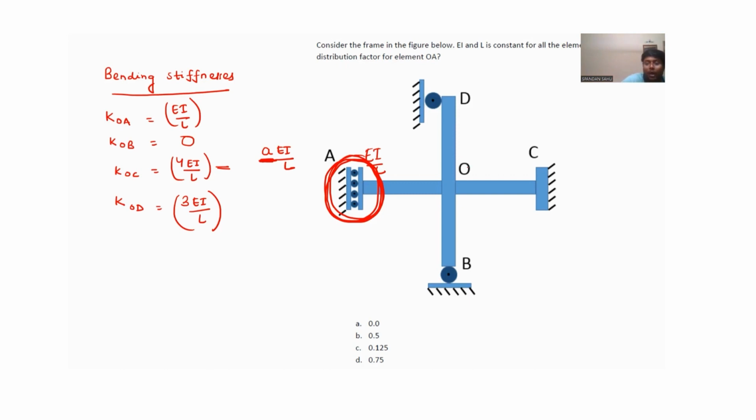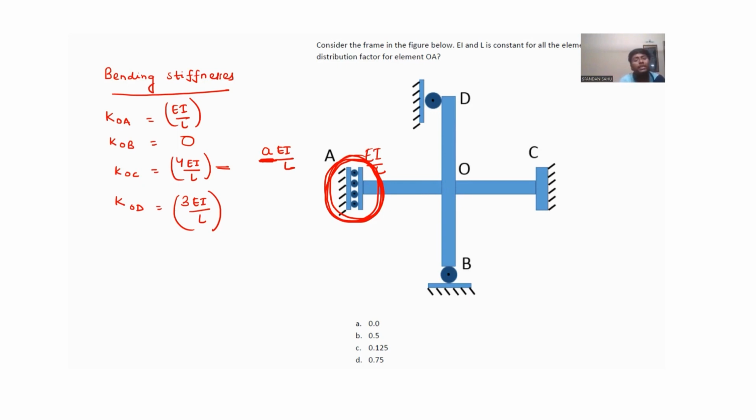Check. Now, if you apply a movement here, and you separate it out, put a hinge, you apply a movement. For OA, you will require some movement to generate that unit rotation. For OD also, you will require some movement to generate unit rotation at joint O. Similarly, for OC, you will require some movement.